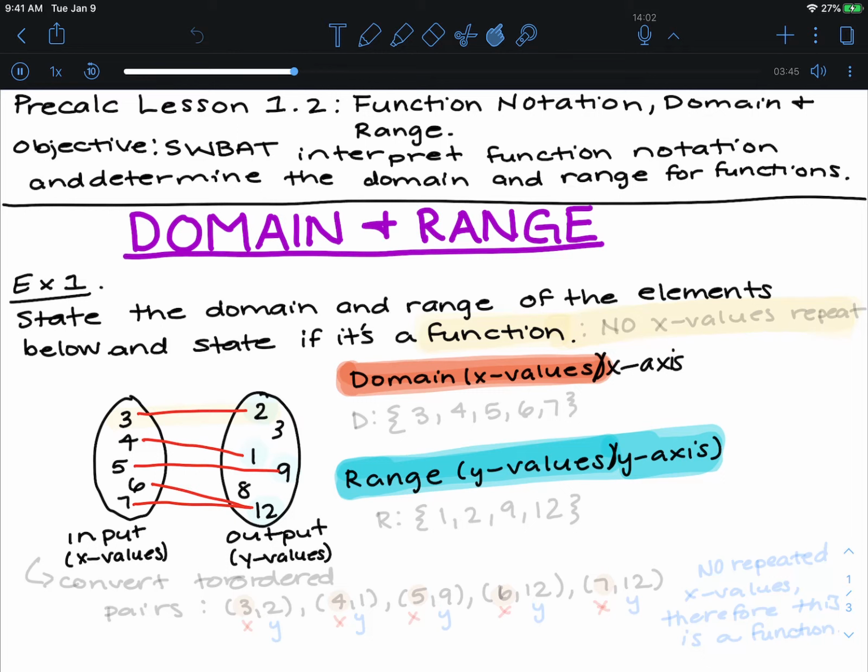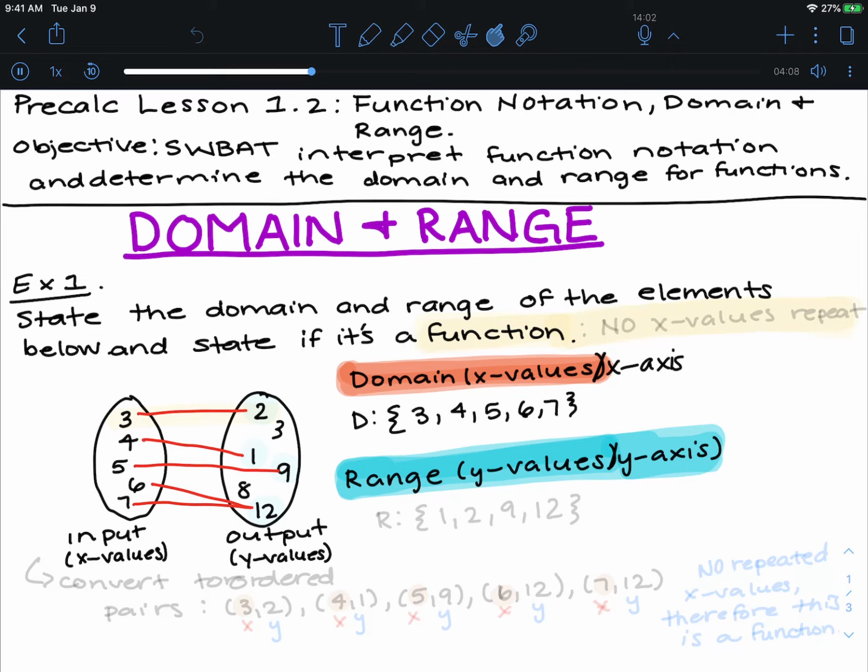So the domain is going to be the numbers that you have mapping out. So it would be 3, 4, 5, 6, and 7. And you use those curly brackets to identify those values.